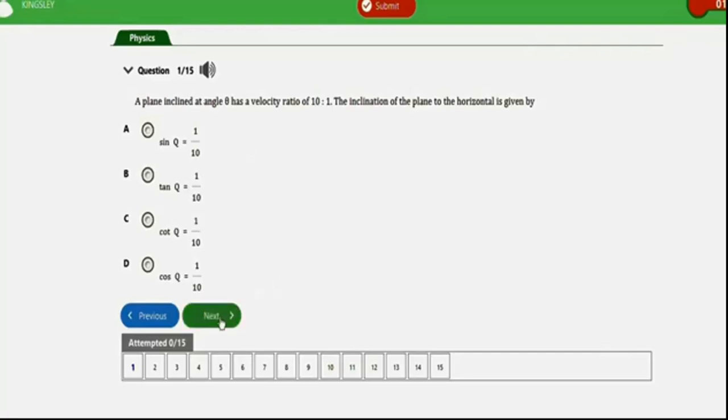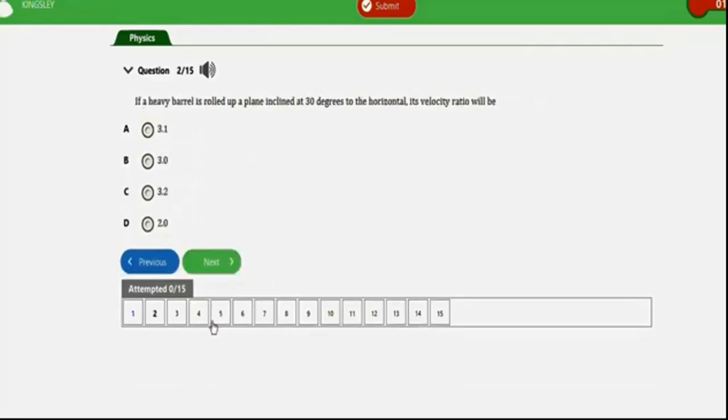The next related question says, if a heavy barrel is rolled up a plane inclined at 30 degrees to the horizontal, its velocity ratio will be. Like I already said, velocity ratio for a plane inclined at an angle to the horizontal is usually 1/sin of the angle.